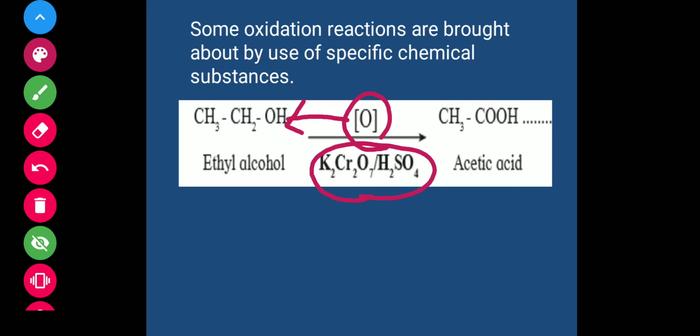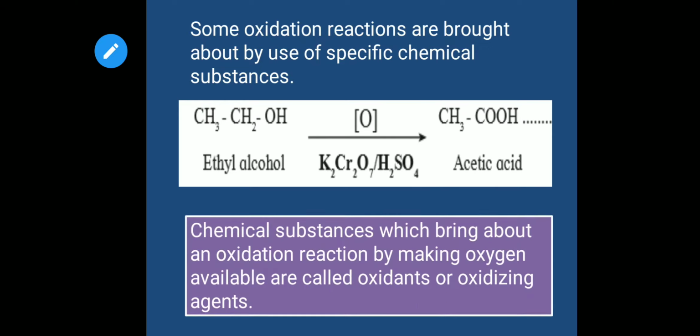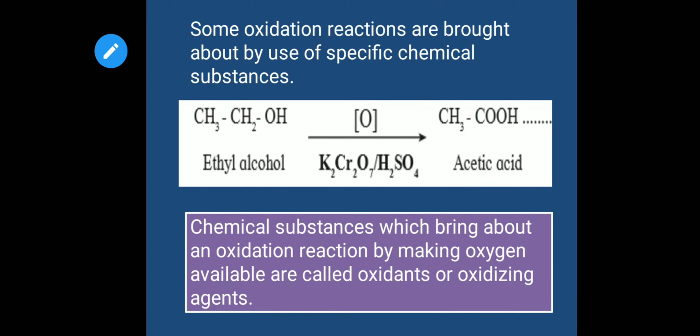So we can make a definition of oxidizing agent as follows: the chemical substance which brings about an oxidation reaction by making oxygen available is called oxidant or oxidizing agent.